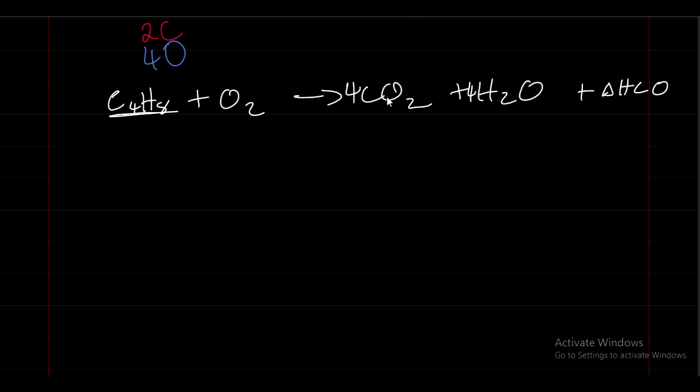Then 4 times 2 is 8, and 8 plus 4 is 12. If it's 12 here, I just put 6. So I have 12 oxygens on the left, 12 oxygens on the right, 4 carbons, 4 carbons. What about hydrogens? 8 hydrogens, 8 hydrogens. So this one is not much of a problem as well.